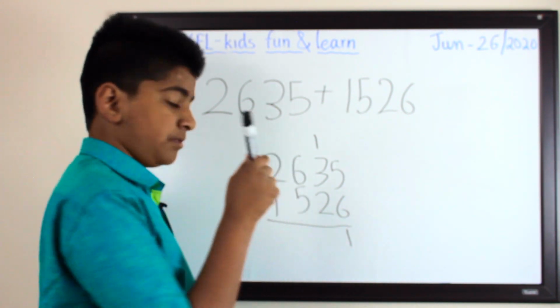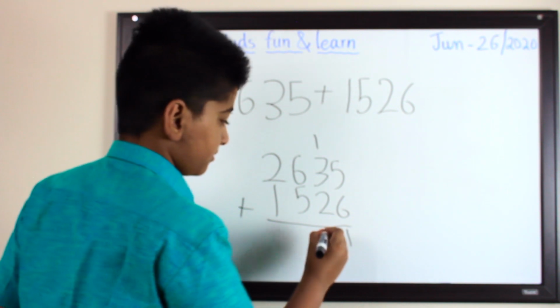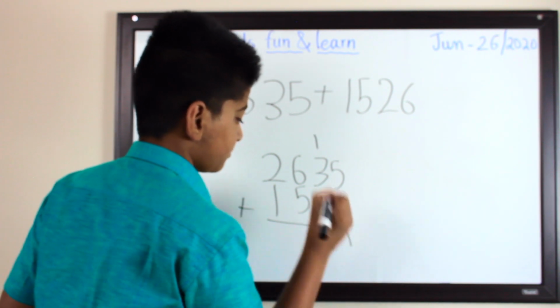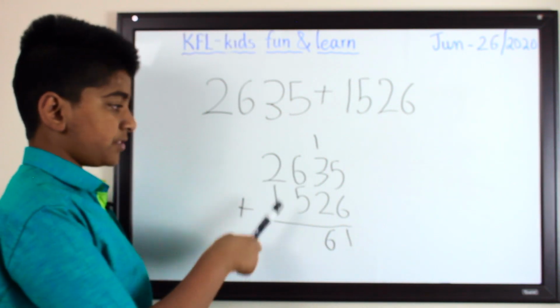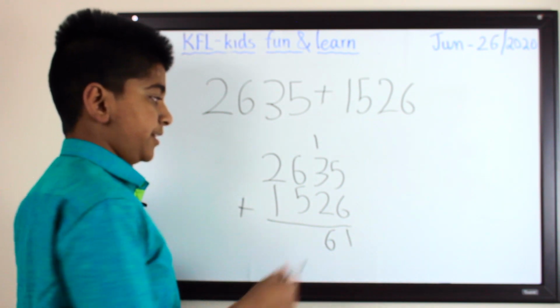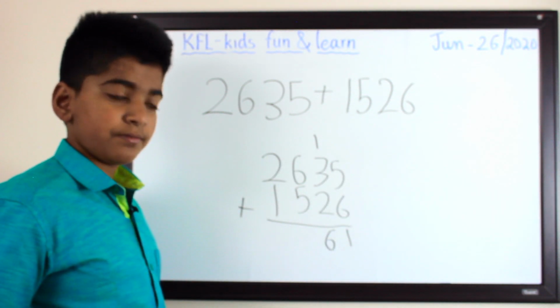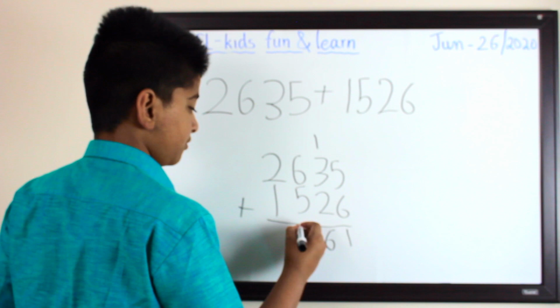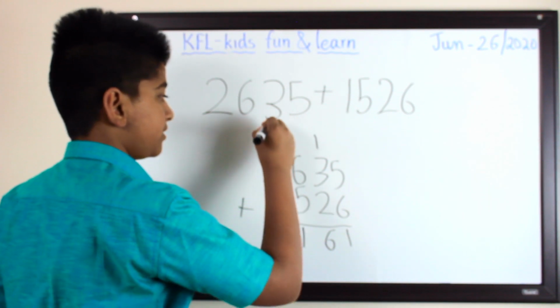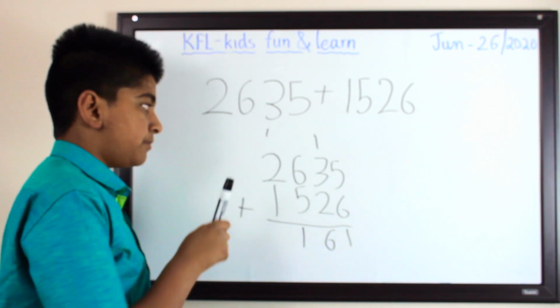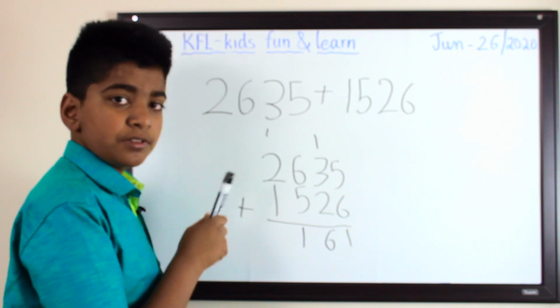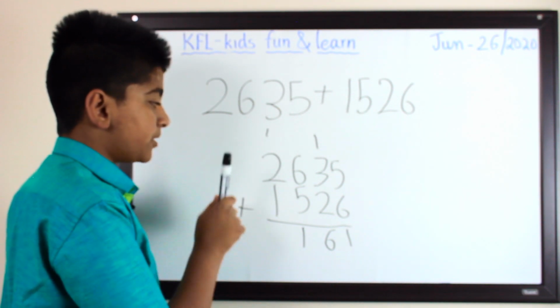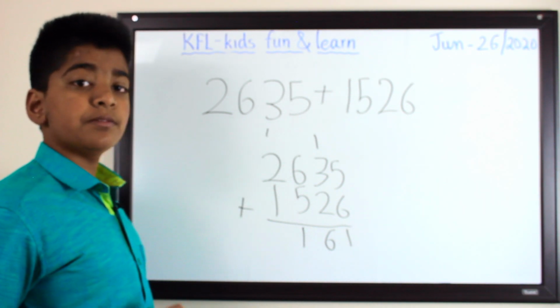And 4 plus 2 is 6. 6 plus 5, just like we did here, is 11. Okay, so first digit here, second digit up here. 1 plus 2 is 3. 3 plus 1 is 4.